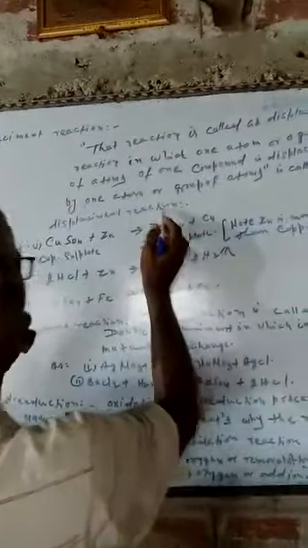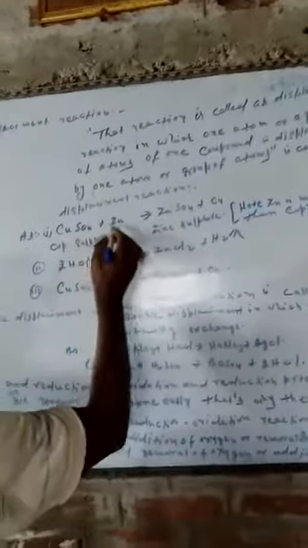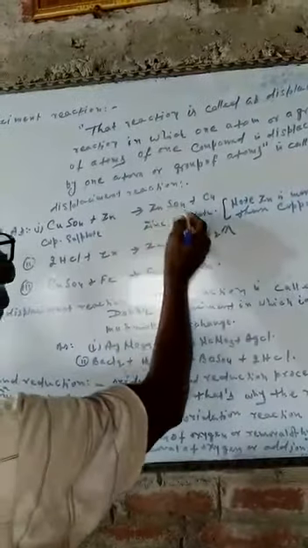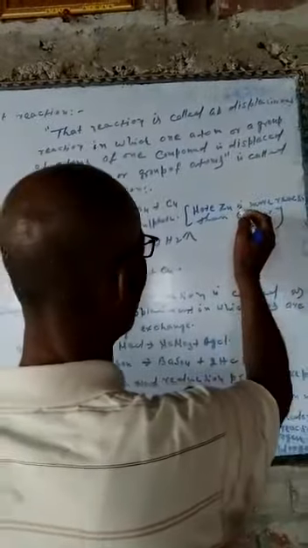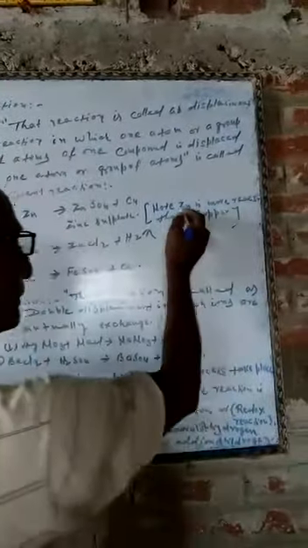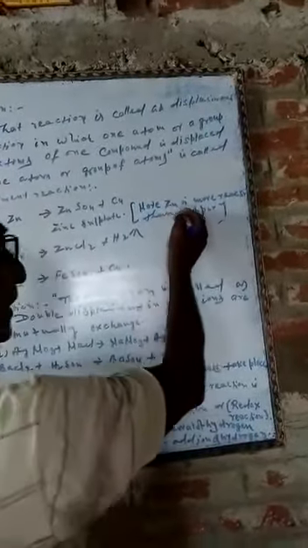As copper sulfate CuSO4 plus Zn is equal to ZnSO4 plus Cu, in which Zn is more reactive than copper, because Zn is also a metal and copper is also a metal. The Zn, zinc, is a more reactive metal than copper.